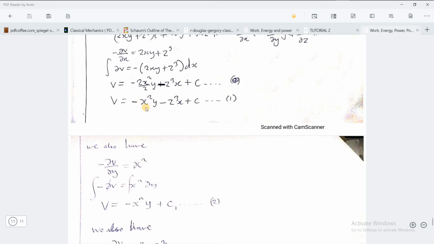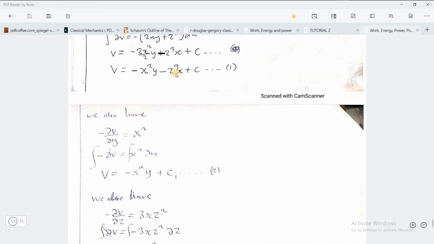This thing is different from this, so we get these as they are. And since this is v and this is v, they are all potentials, we should have some common potential. Now when you look at this other v in equation 2, it also has minus x squared y.